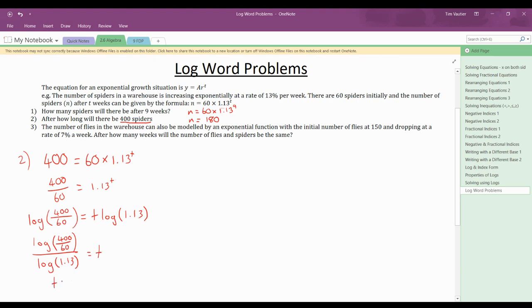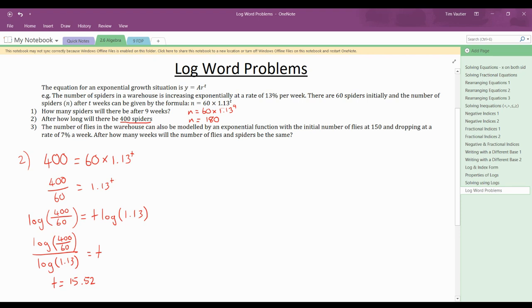If I do that, that gives me a value of 15.52.